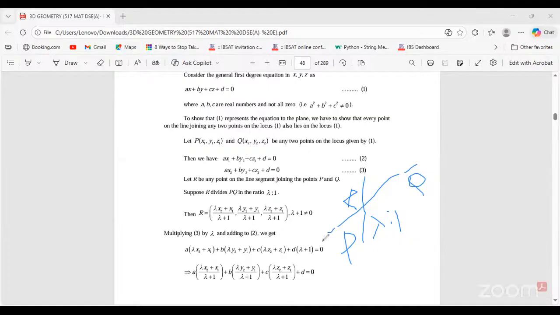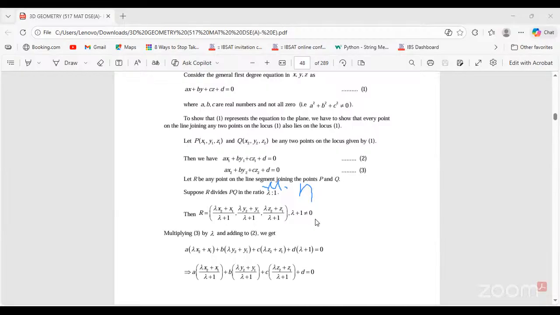Now R equals, we know the section formula: (mx2 plus nx1) by (m plus n), (my2 plus ny1) by (m plus n), (mz2 plus nz1) by (m plus n). Here m is to n means m is lambda and n is 1.